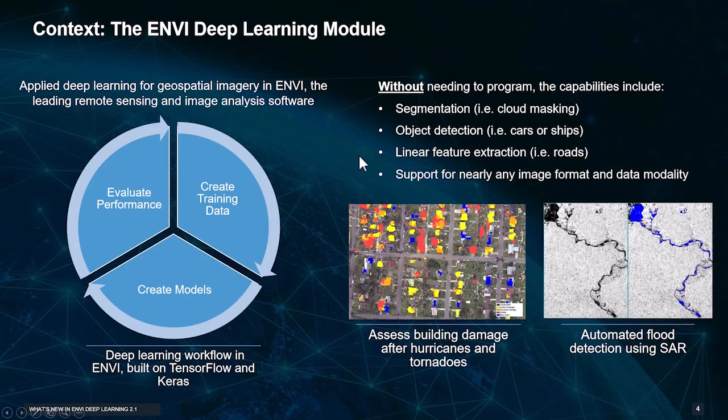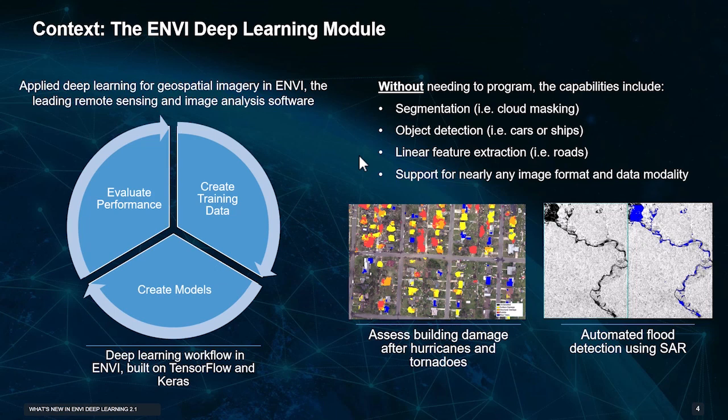So first, the background we want to provide is a little bit for the ENVI Deep Learning module. This is something that's been around for, I want to say, 4 or 5 years now, and adds a deep learning workflow to ENVI built around being able to create training data, create models, see how they perform, rinse and repeat.